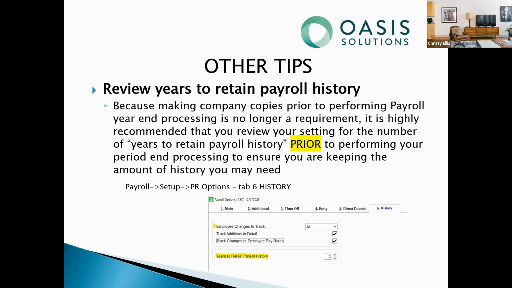And then while you're there also, I would just eyeball and double check your settings in the section just above that for your tracking your changes to your payroll. So I would make sure that that is set to all so that you are tracking changes in Sage for that.